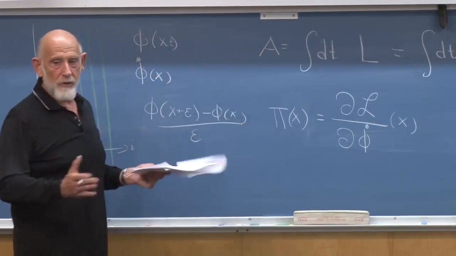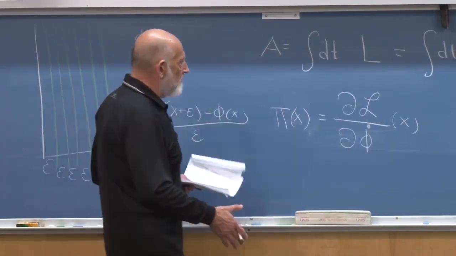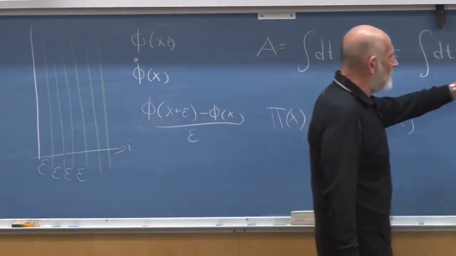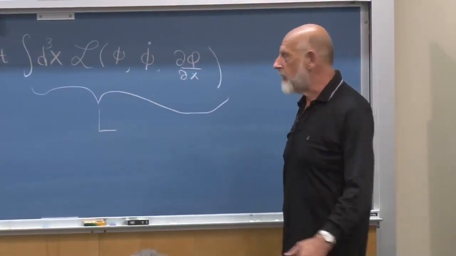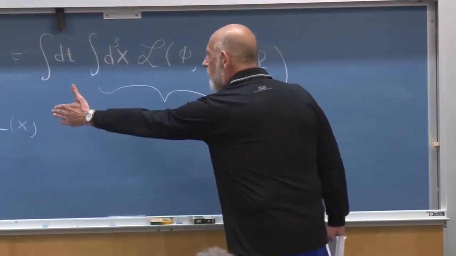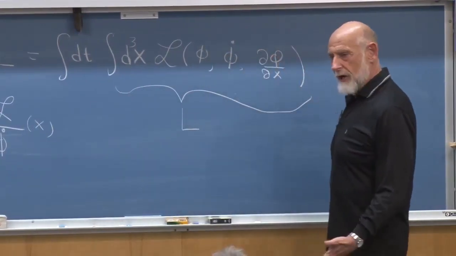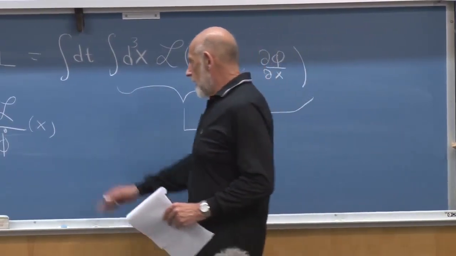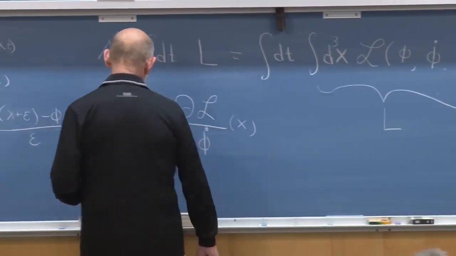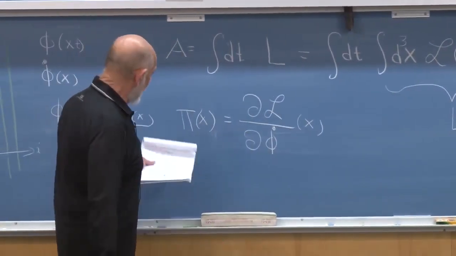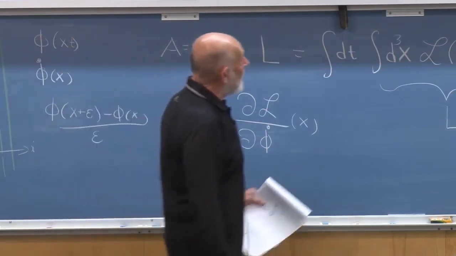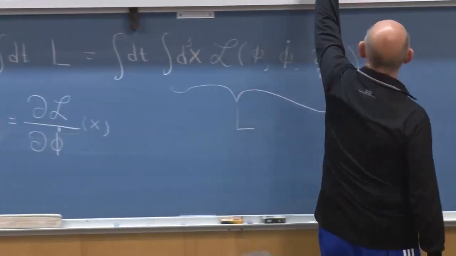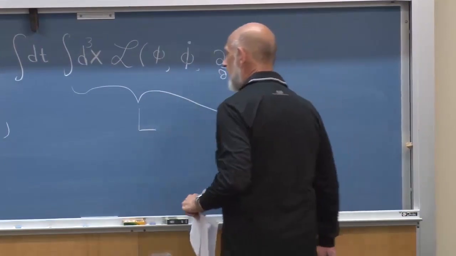Now, if there are many fields in a problem, not just phi but phi 1, phi 2, phi 3, and maybe a few A's and other kinds of fields, then there will be one of these for each kind of field. So that's pi. It's associated with the field at a point x, and it's replacing the p over here.